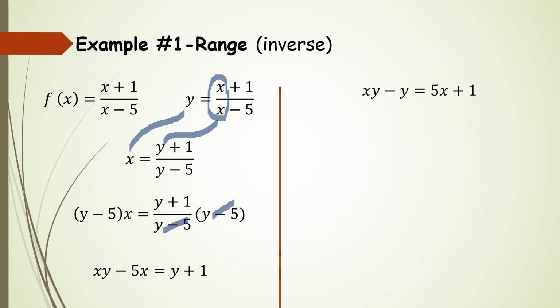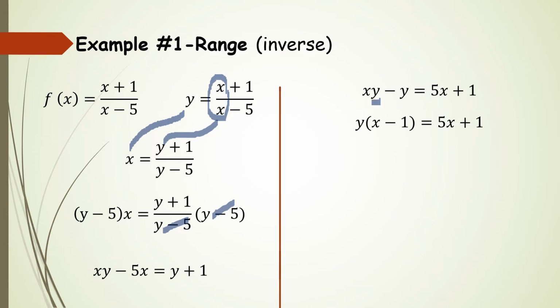Since for this one naman, we will solve for y. So, magkakaroon tayo ng xy minus y is equal to 5x plus 1 dahil gusto natin pagsama-samahin lahat ng y variable.